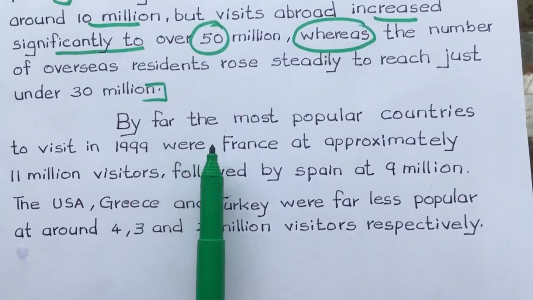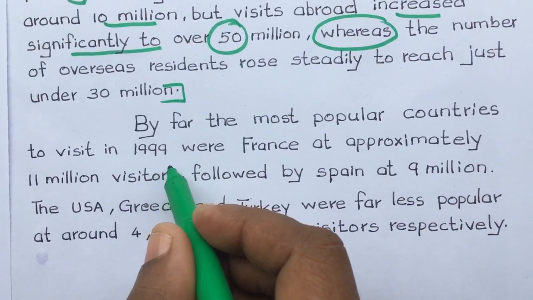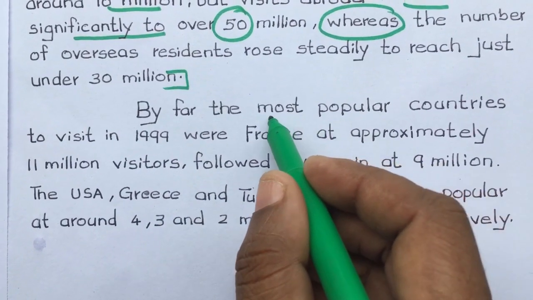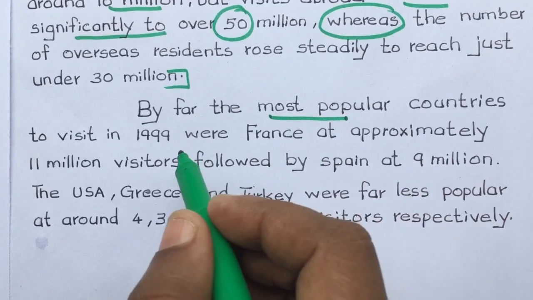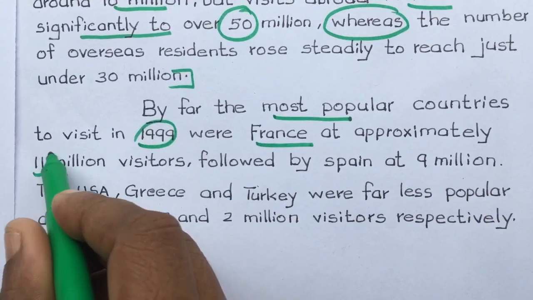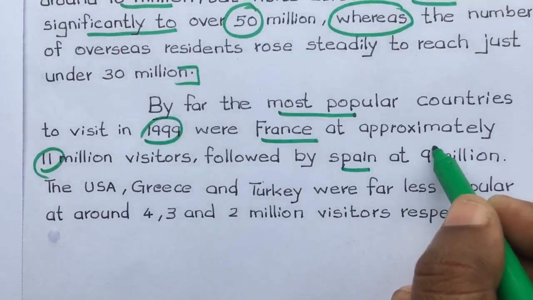And the last conclusion: by far the most popular country to visit in 1999 was France. Okay, who was the most popular country here? It is France, at approximately 11 million visitors, followed by Spain at 9 million.